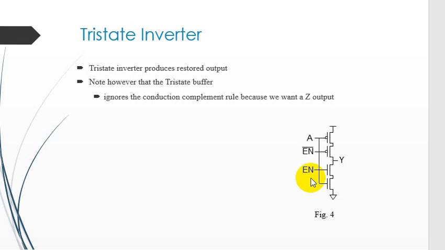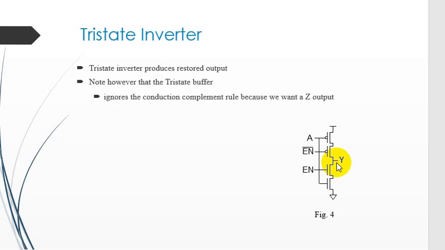So when the enable pin is 0, both the transistors are off, leaving the output floating. When the enable is 1, both the enable transistors are on, they are consequently removed from the circuit, leaving a simple inverter.